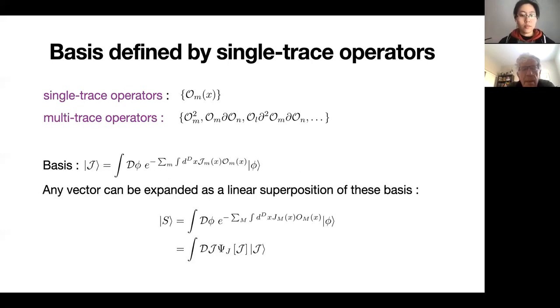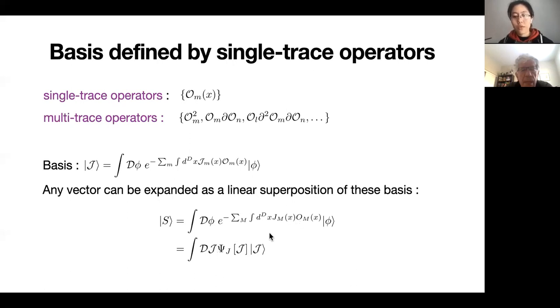So previously we found the bases are constructed by the single-trace operators, and any vector constructed by an arbitrary operator can be expanded as a linear superposition of those bases with a particular coefficient.